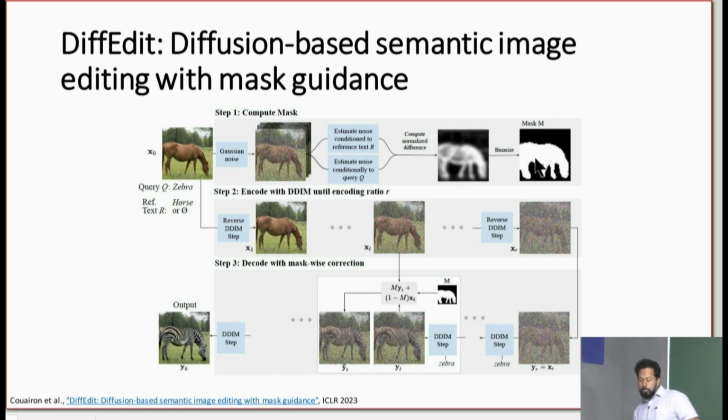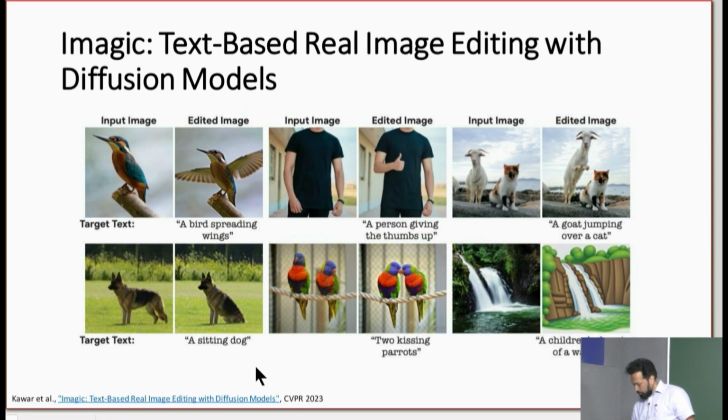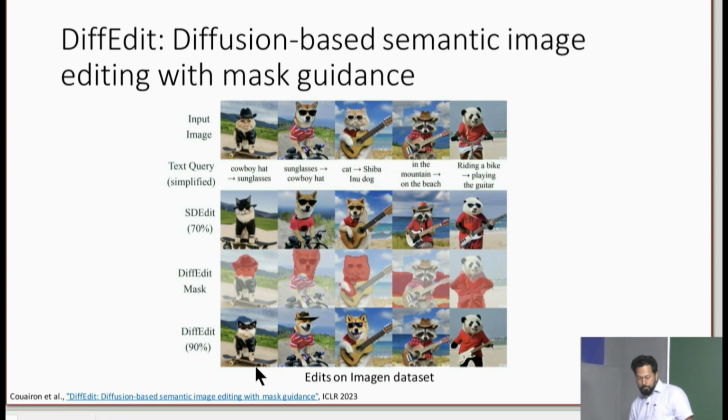You don't have to get involved saying that this is the horse. It should be automated. So this is the mask that you found, and then through these steps it should go back and put a zebra there. This is also from DiffEdit. You can change, I guess, the guitar and specific objects.